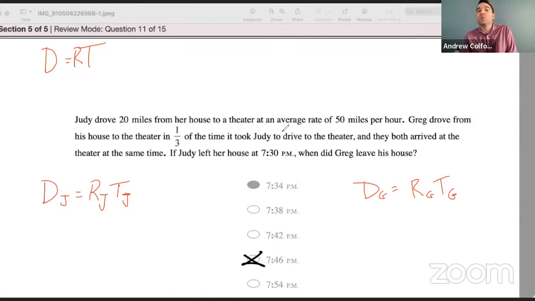Okay, so let's fill in what we know. Judy drove 20 miles. Well, that's nice. Distance of Judy is 20 miles, from her house to a theater at an average rate of 50 miles an hour. So the rate is 50.